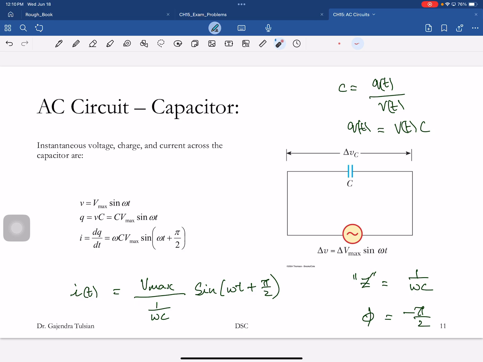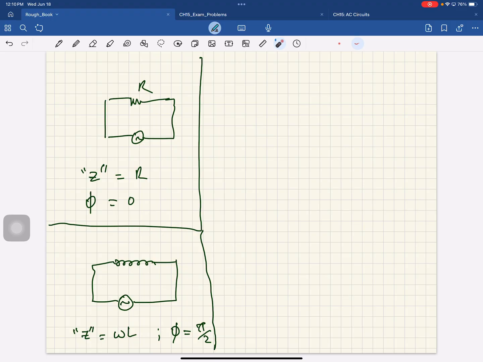All right, so now we have our 3 basic elements. We have our 3 basic bricks, and now we can build more complicated things. Z has got a special name, so we'll add the special name here as well.